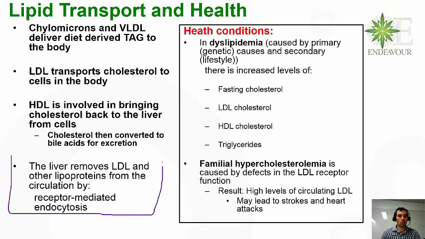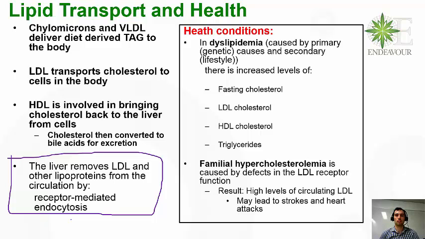The liver removes our low density lipoprotein, remember that is our bad cholesterol, from the blood and brings it into the liver, and it does this by receptor mediated endocytosis. So basically it's using a receptor to bring the LDL into the liver.